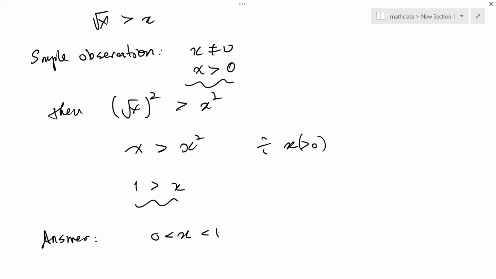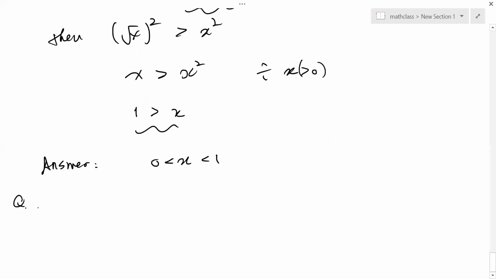So let's look at the next one. Our next problem is a system of linear equations. We want to find the value of k for which these two equations will not have a common solution.